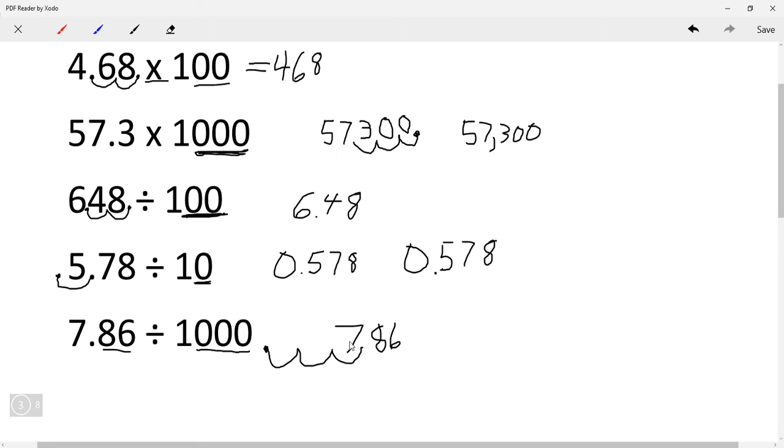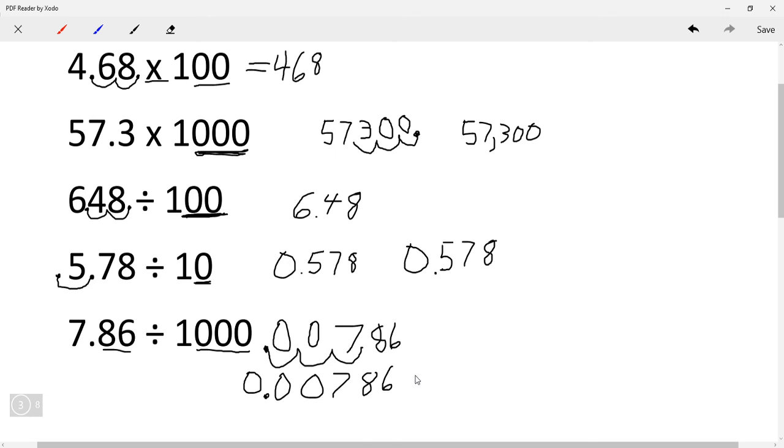We have to add zeros here, and then it becomes 0.00786. And as I said, you can always add the zero in the ones place to show that there is nothing in the ones place. And this number, although you wouldn't have to know, this would be tenths, hundredths, thousandths, ten-thousandths, hundred-thousandths. So this number would be called 786 hundred-thousandths.